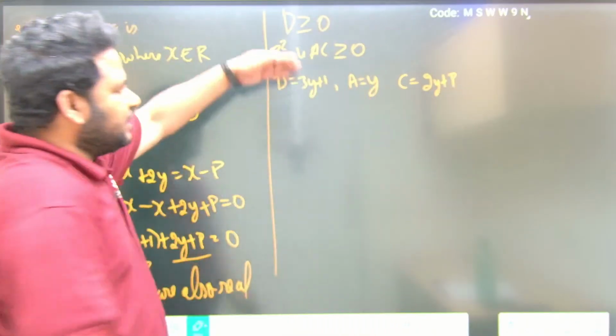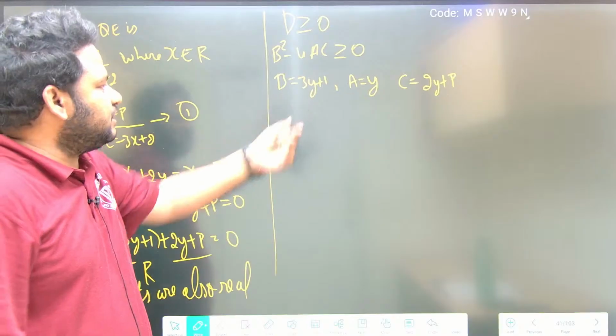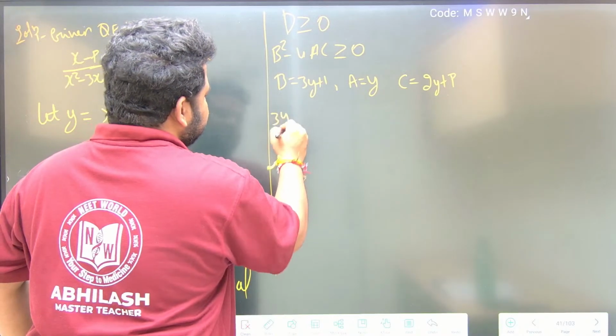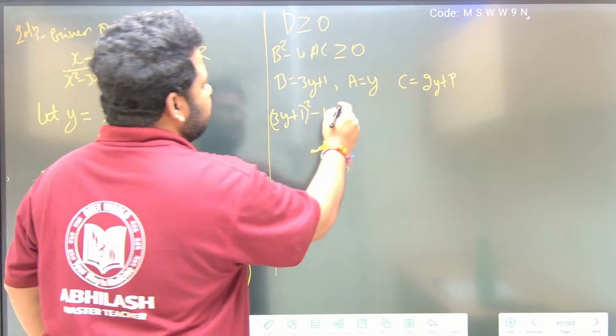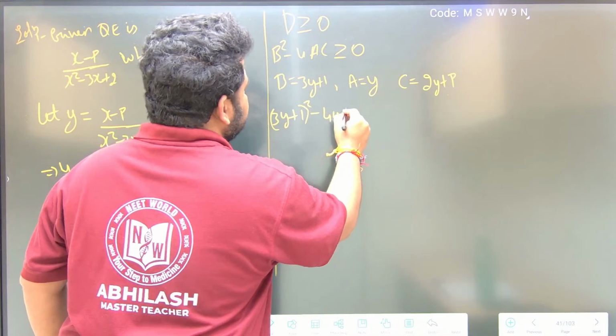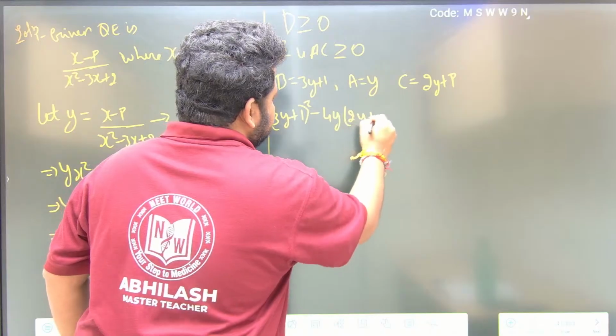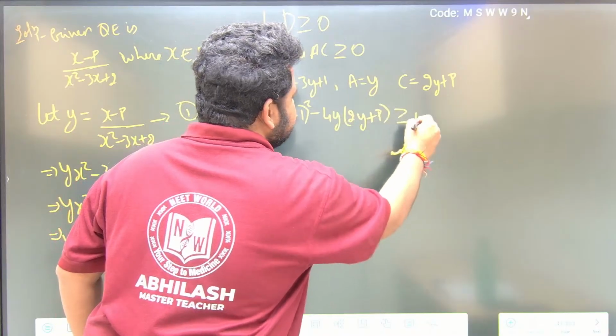Now apply b square minus 4ac. b square is (3y plus 1) whole square, minus 4ac. 4a is 4y, c is 2y plus p, and this is greater than or equal to 0.